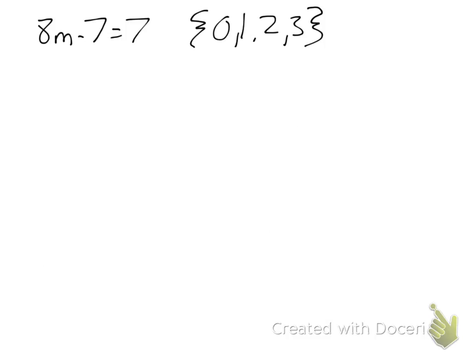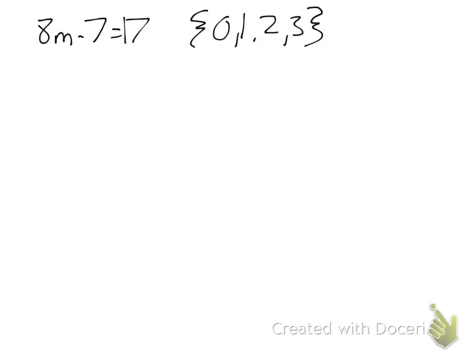The first type of problems that you guys are going to encounter is they give you an equation like 8m minus 7 equals 17, and they want to know, of your various choices, which one of these is true. Actually, guys, I made a mistake.